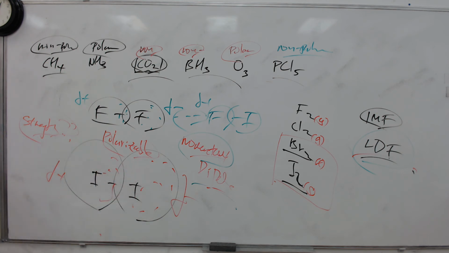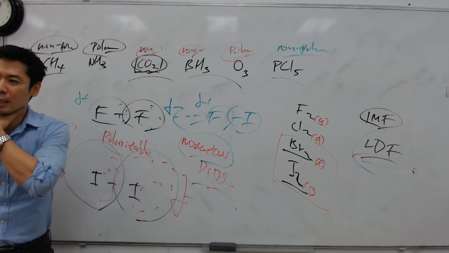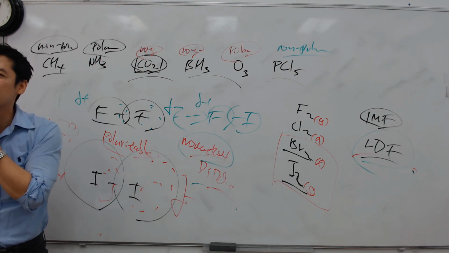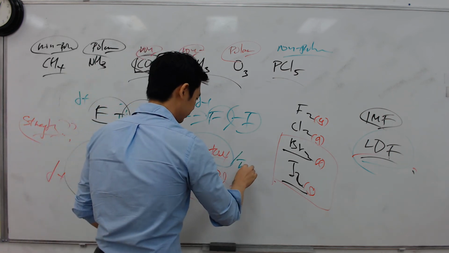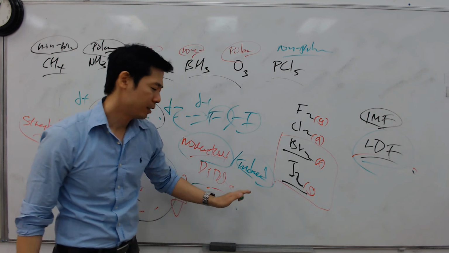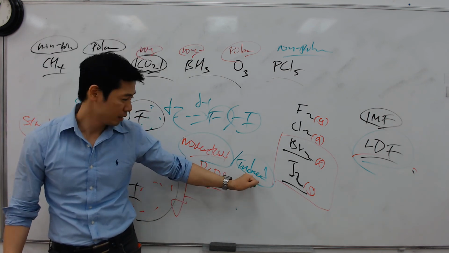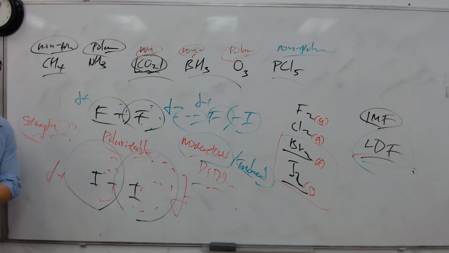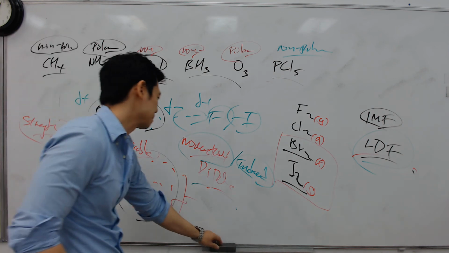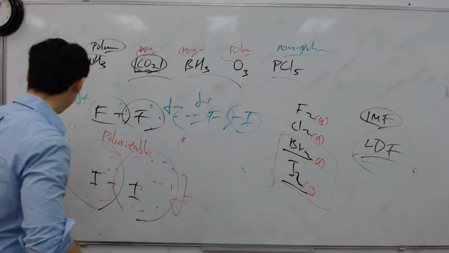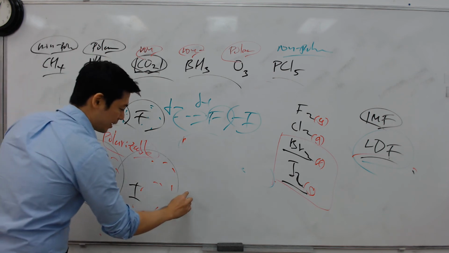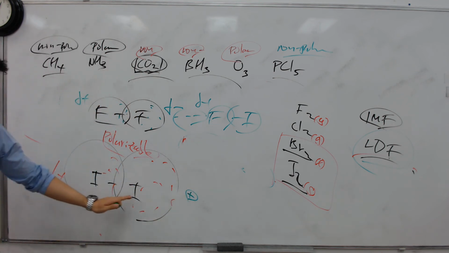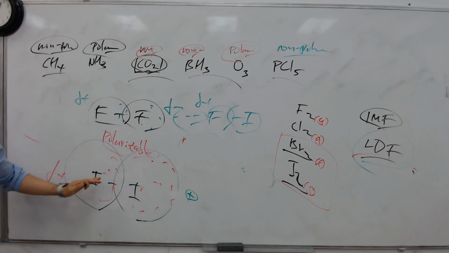I forgot which year, but I think one of the questions on the AP asked what an induced dipole is. So induced dipole is what? For example, if there is a positively charged ion nearby, like near I2, what do you think will happen?